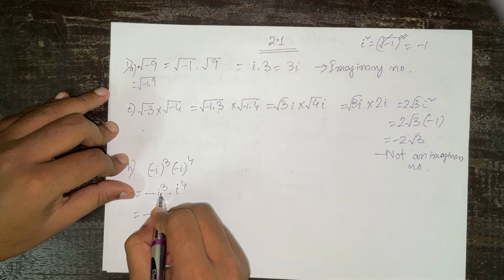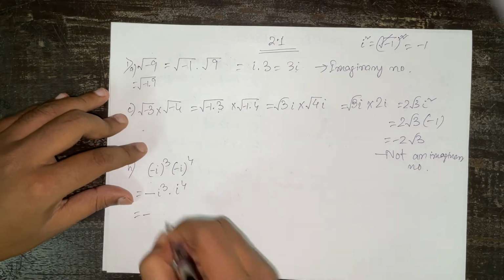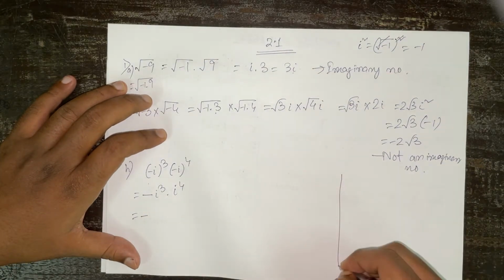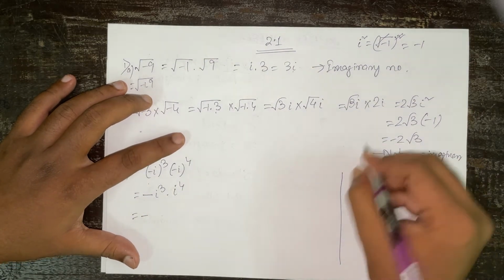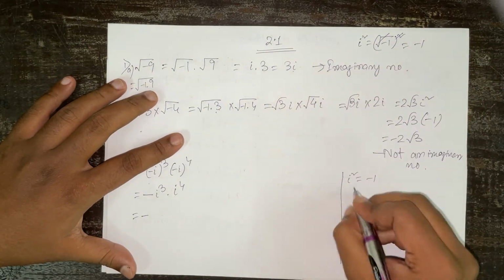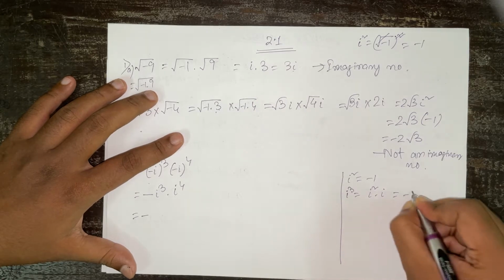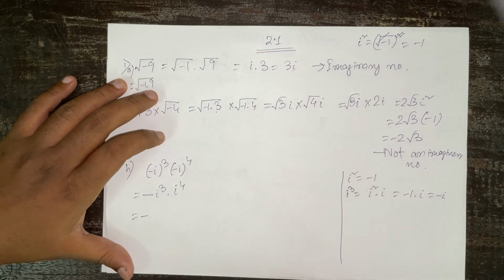This is i to the power 3. So let me write something here for you to understand. How do we find it? See, i square we have got as minus 1, right? Now what will be i cube? i cube can be written as i square into i. So i square is minus 1, into i, so it is always minus i.